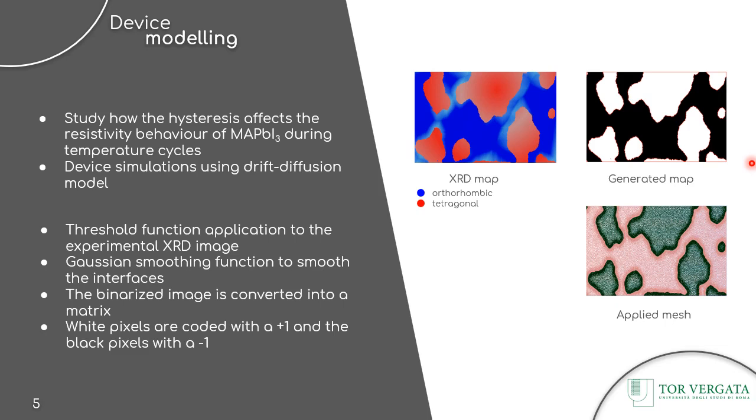Since the edges are quite rough, resulting in a low-defined mesh, a Gaussian function was applied to smooth the interfaces. An adaptive mesh allowed to better understand the electro-optical properties at the edge boundaries of the two phases.